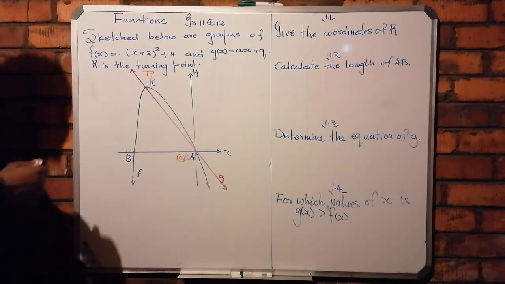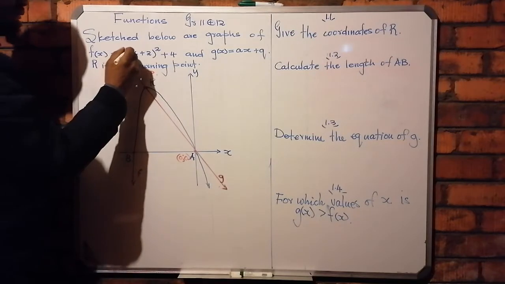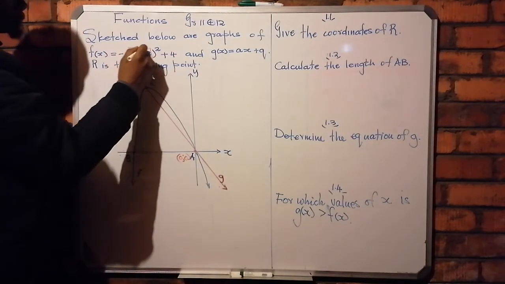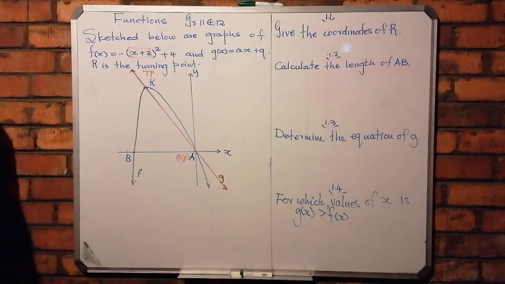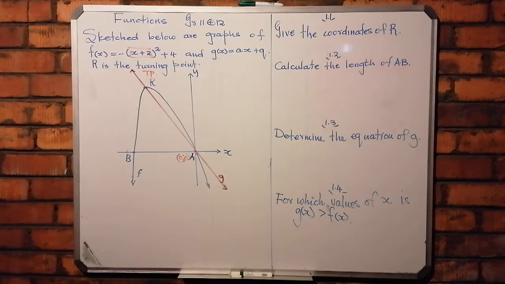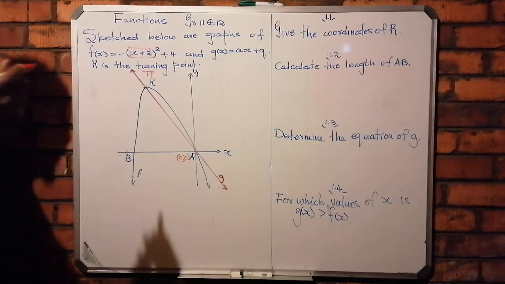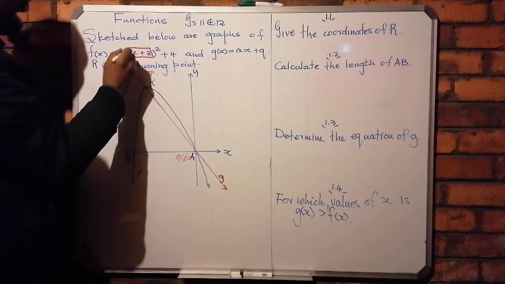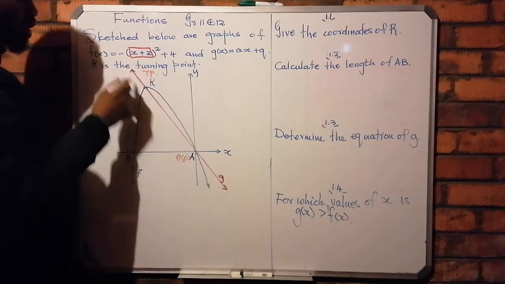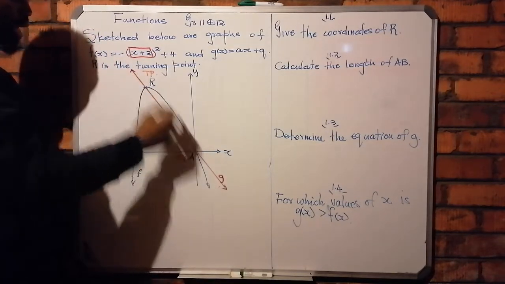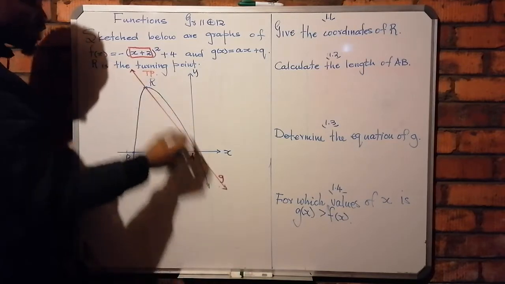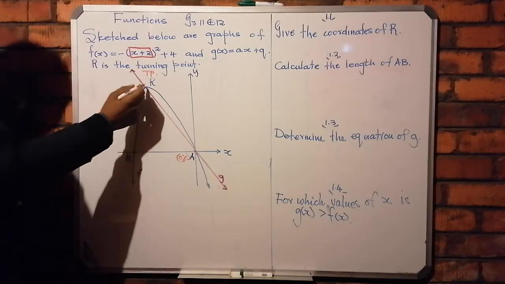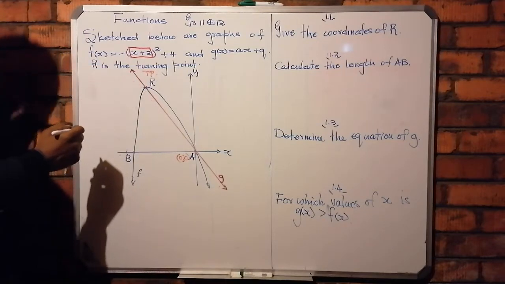Now, you would remember that this is your axis of symmetry, which is the x value of the turning point. I repeat again, very important, this is the axis of symmetry of this particular parabola, which will give us the x value of the turning point.